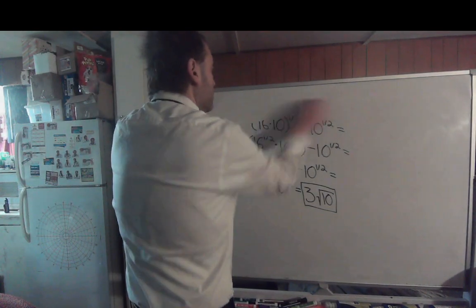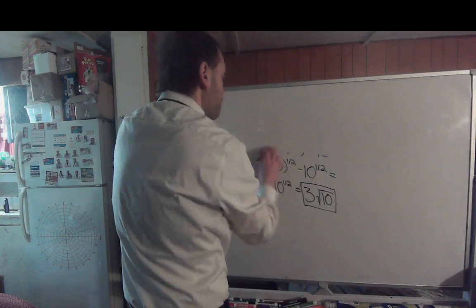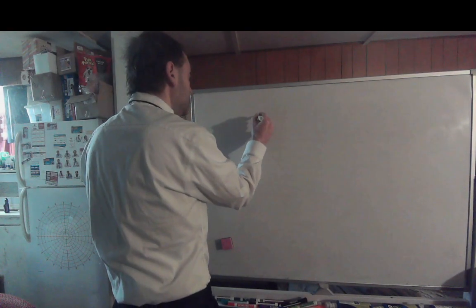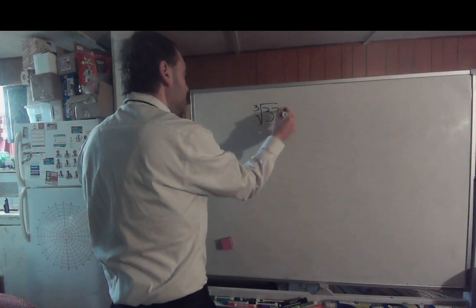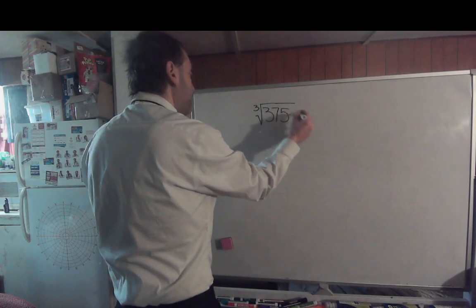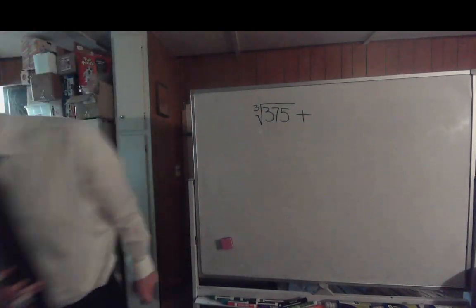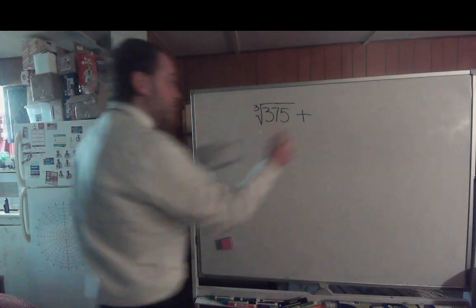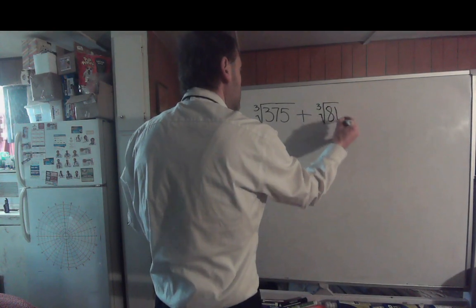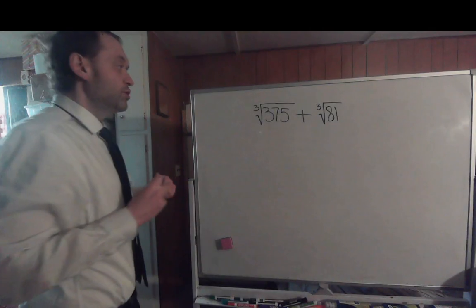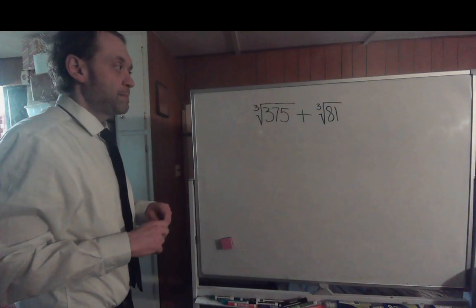I got 2 more. So we have the third root of 375 plus we have the third root of 81. Well, we have the same roots but different bases.